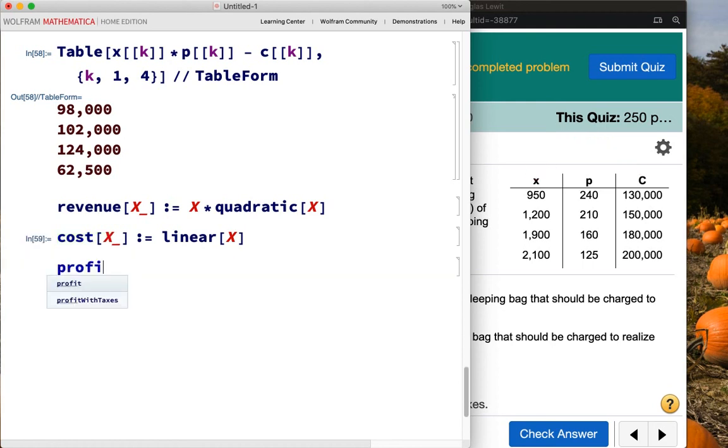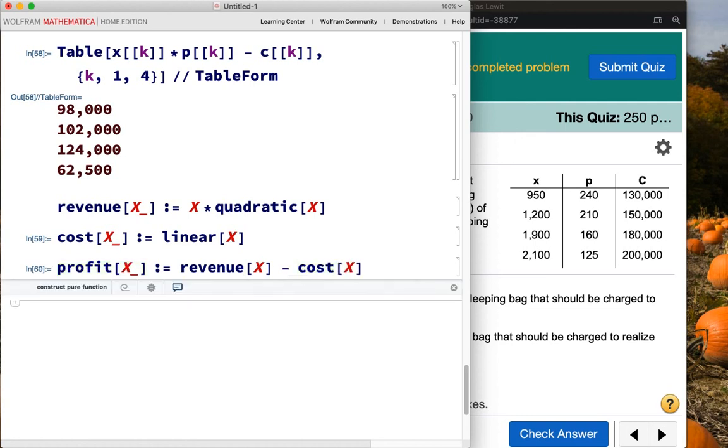So then my profit function is going to be revenue of x minus cost of x.